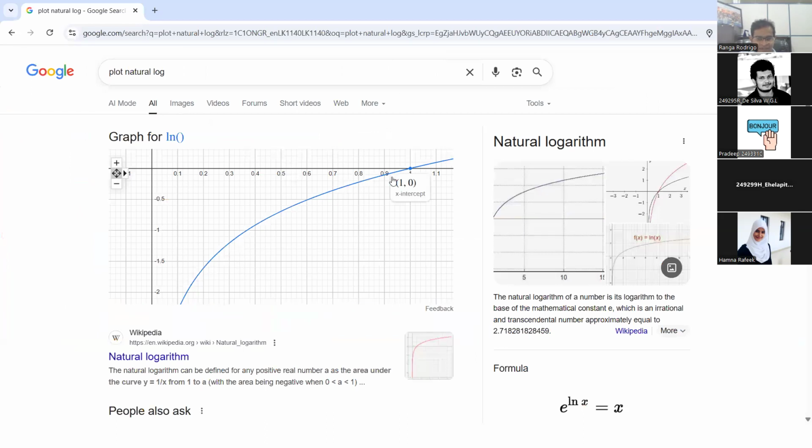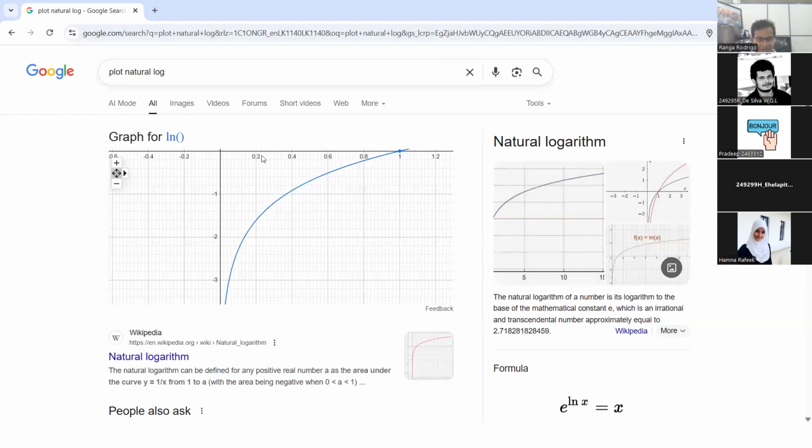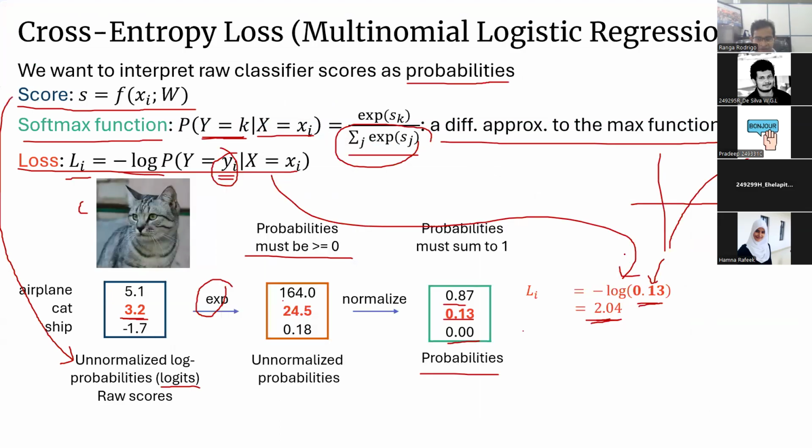When the input is less than 1, it is negative. When it is close to 0.9, it's very close to 0. When it is like 0.1, for example, it is extremely large but negative. And remember, there is a negative sign in front, so those negative numbers will be converted to positive. So small probabilities give large positive numbers, and large probabilities close to 1 give small positive numbers. So you can see how the loss is happening.